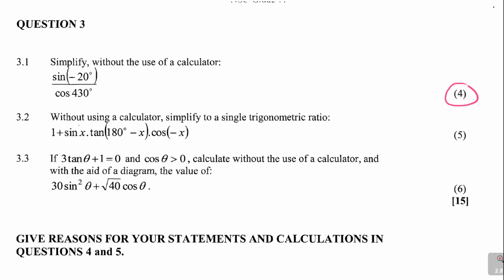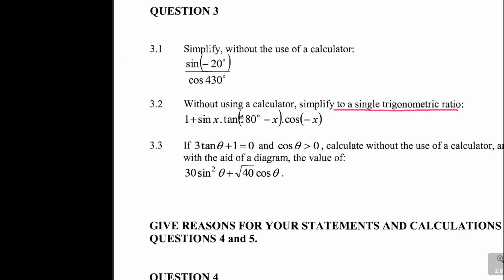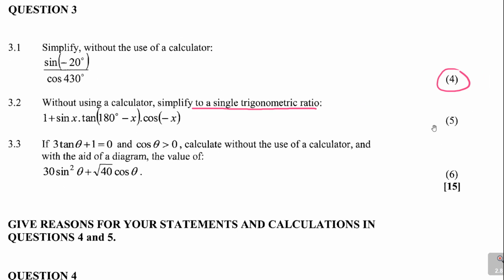If you are given this one, without using a calculator, simplify to a single trigonometric ratio, again without using a calculator, and then they give you this. Now it's 5 marks. Let's write this down first.